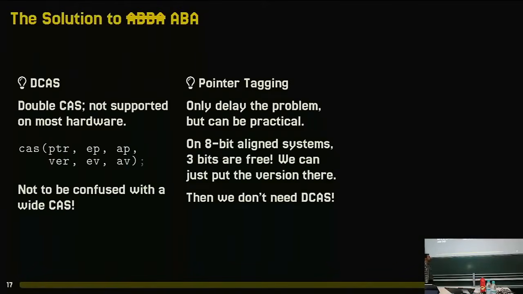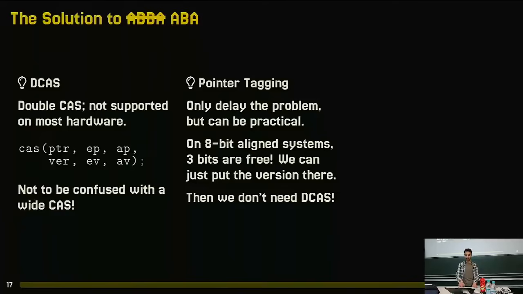We can use those 3 bits to, for example, store a version number. And then every time any compare and swap operation succeeds, we just update this version number and compare it in thread A's compare and swap operation. And then even if the address didn't change, the tag or version number in the pointer did change, which would be noticed by the compare and swap operation, and it wouldn't succeed.